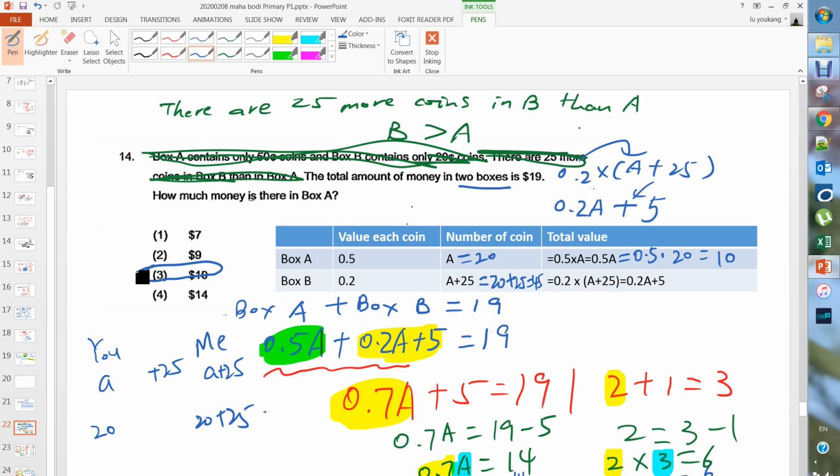Then what is the total value in B if they ask? So 0.2 times A. A is how much? 20. Plus 5. So this one will give you $9. So what is the total value in B?